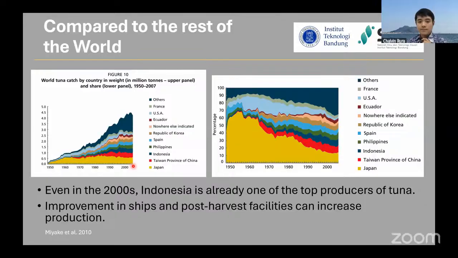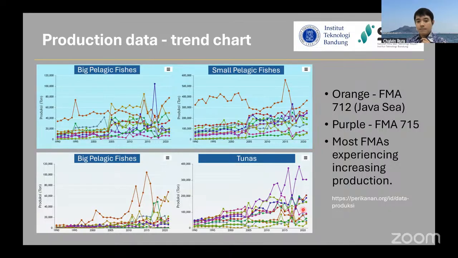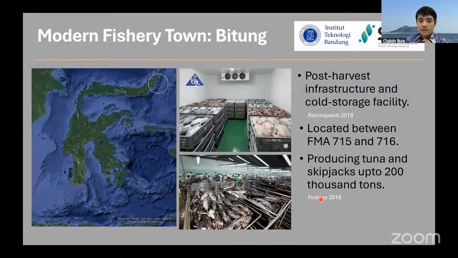But Indonesia and also the Philippines, the neighboring country, were already among the top tuna producers, even in the 2000s. And based on the previous data from before, I think we're already maybe one of the top five tuna producing countries.